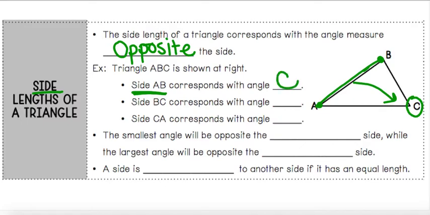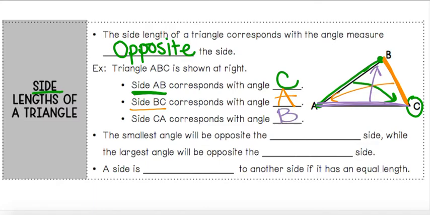It's opposite that side. Okay. Then side BC. Well, here's BC, and the angle that corresponds with that side is angle A. Okay. And finally, side AC. The angle that corresponds is opposite that side, which in this case, it's angle B.